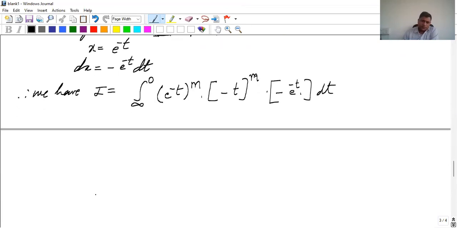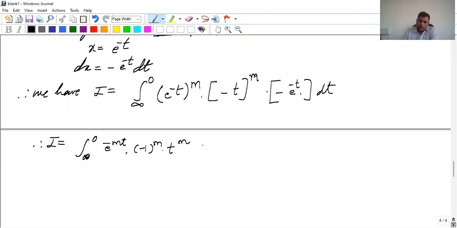Now simplify this. Okay, so what we get? I is equal to integral infinity to 0 e raised to minus mt, this minus 1 raised to m, t raised to m.